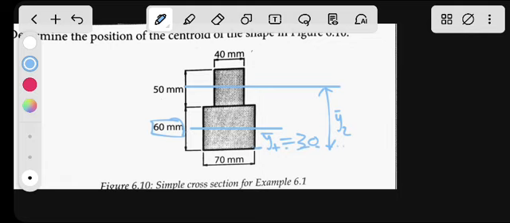From the center of this 50 divided by 2, this distance here will be 25, because it's at the center of 50. So here we'll have 25 plus 60, which will be 85 millimeters. Even if I don't use that, I know this will be in millimeters.